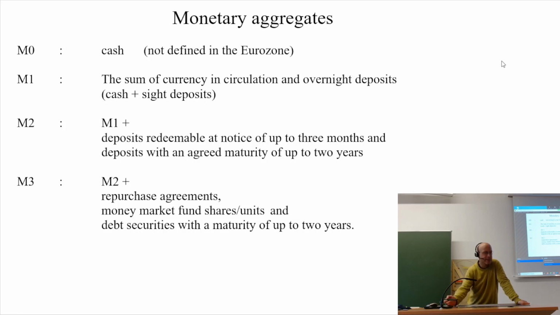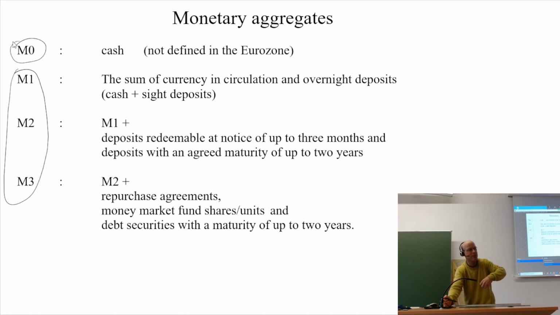And so we are distinguishing in Europe especially three different kinds of money. Actually, if you go to the ECB, the so-called money aggregate M0 is not defined, but we would say, well, this is cash money.